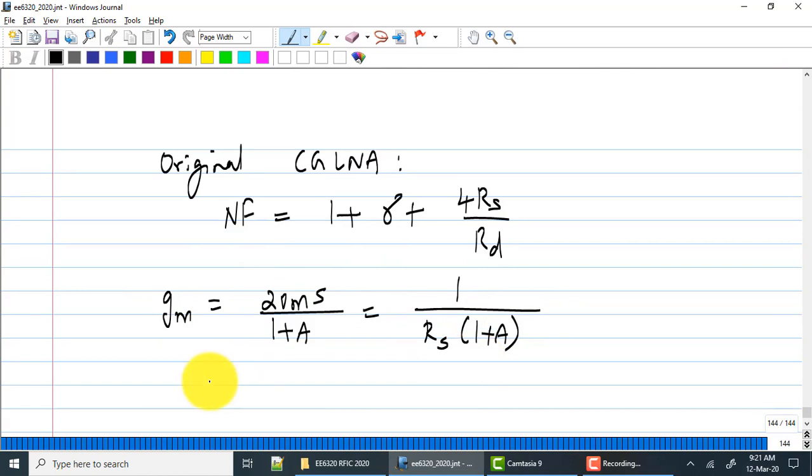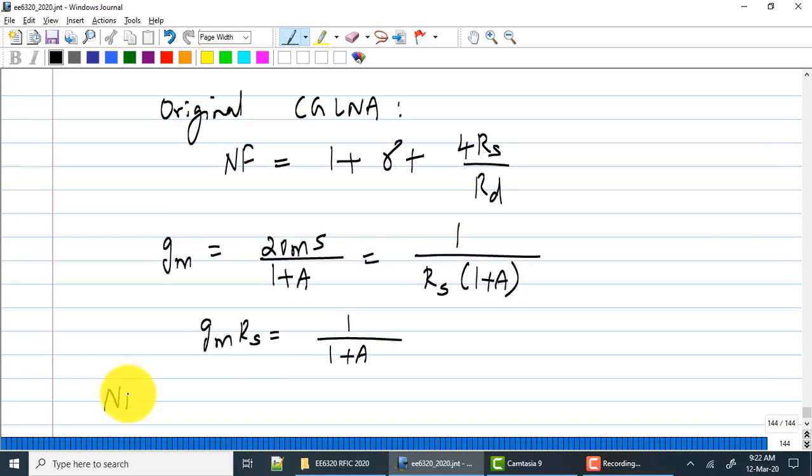So what this shows is that the noise figure of the gain boosted common gate is basically 1 plus gamma over 1 plus A plus the remaining terms.